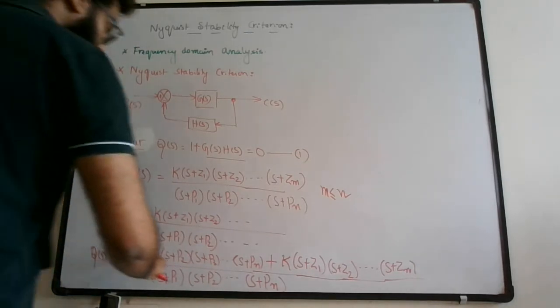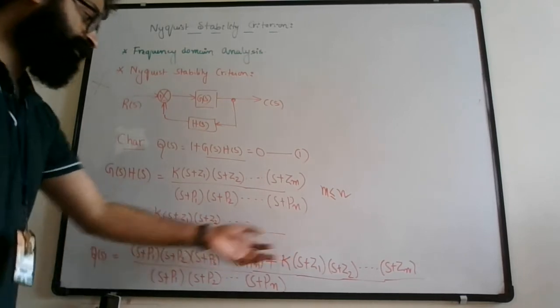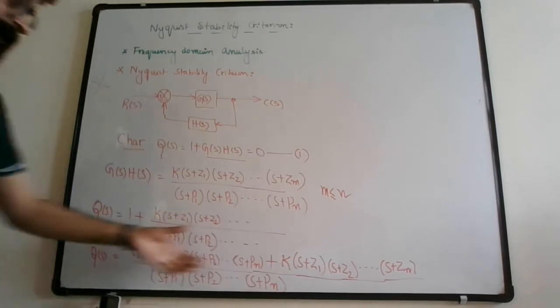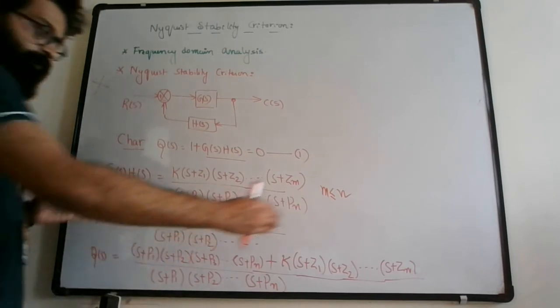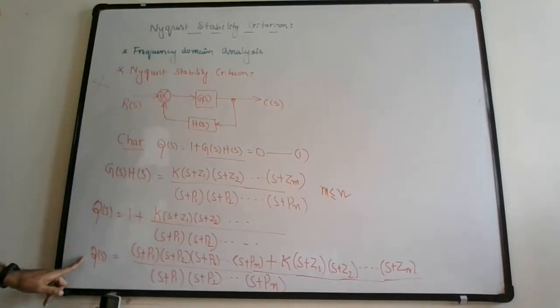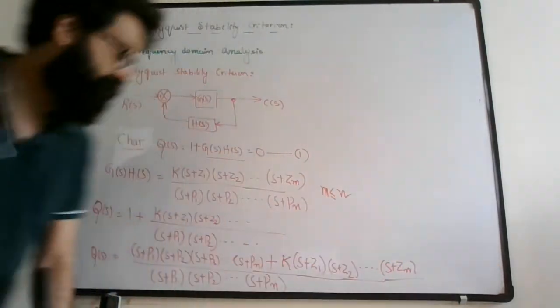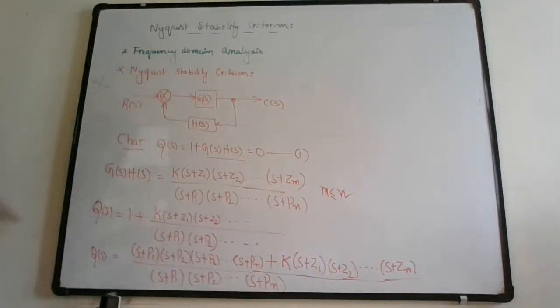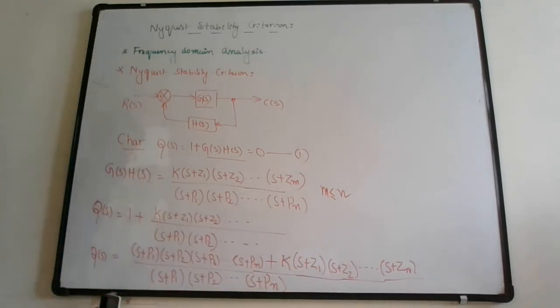Now, Q of s, if you look at, you will have some numerator factors and denominator factors, right? So numerator factors, when equated to 0, what you get? You get zeros of Q of s. When you equate numerator to 0, you get zeros of the characteristic equation. On the other hand, if you equate the denominator to 0, you will get the poles of the characteristic equation.